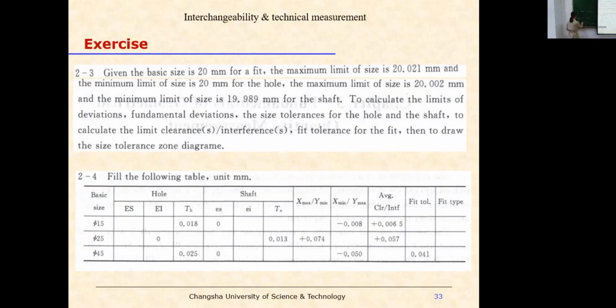So this is ES. The EI is minus, right? It's minus 0.005. EI is minus here, 0.008.